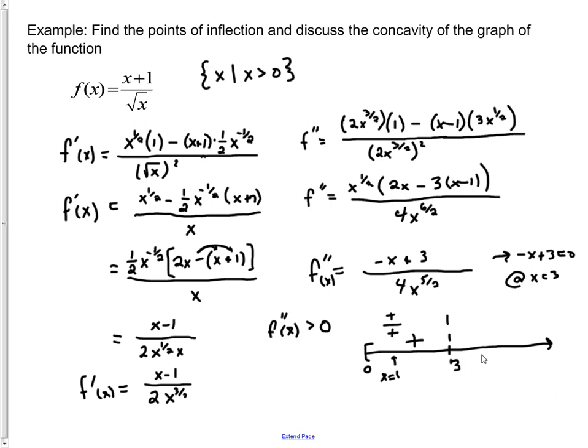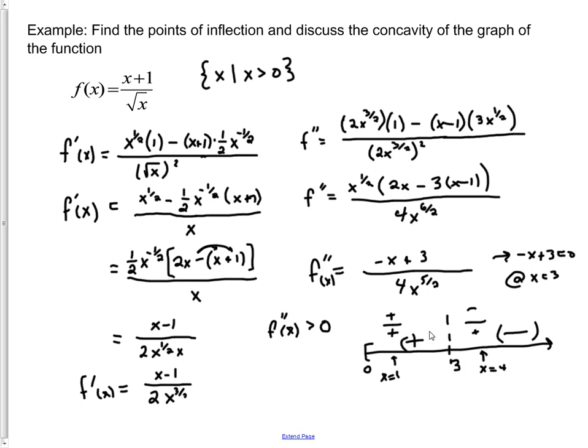At x equals 3, we get that 0 in the numerator. So let's pick a value that's within the next interval. So x equals 4, let's say. In the numerator, we're going to have negative 4 plus 3. That's a negative number. And in the denominator, we're going to have 4 times 4 to the 5/2. Well, that's a positive number. Negative divided by a positive gives us a negative overall.